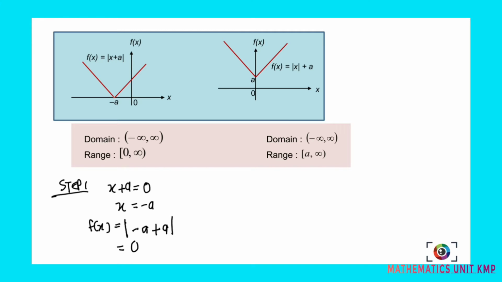So here is the location of the point. And then the second step, because outside of the modulus is positive, you just bentukkan dia bentuk macam V, tarik saja. Itu saja, 2 step sahaja untuk sketching the absolute value.